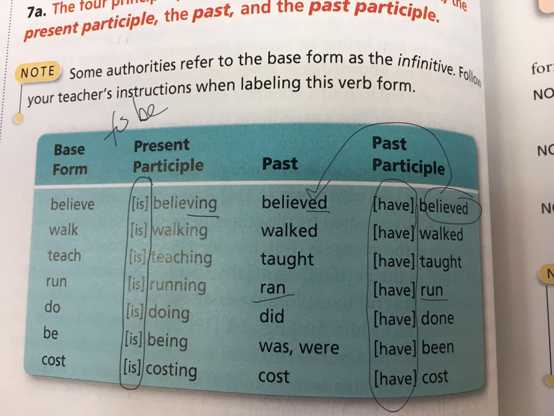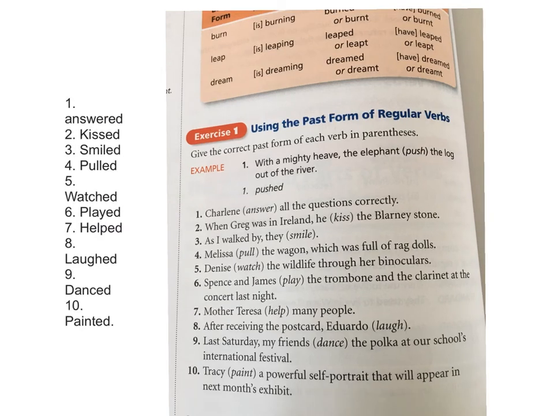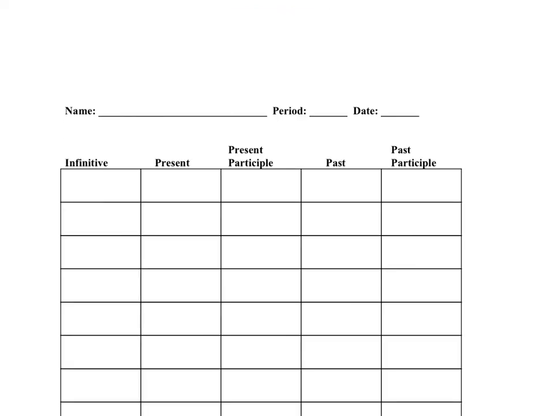Do 1 through 10, and then have your partner check your work. The answers are on the next slide. Here are the answers to exercise 1. These are all regular verbs and should have been very easy.